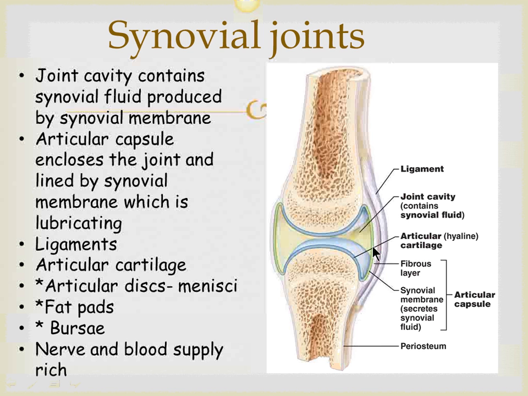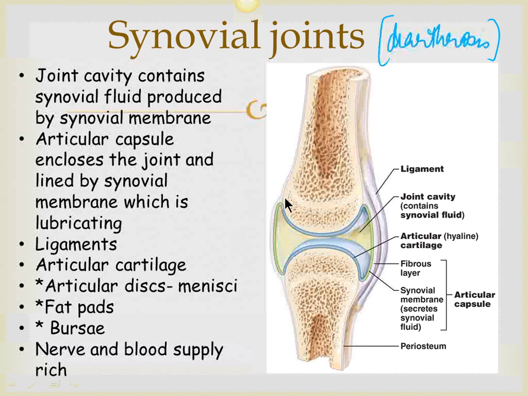This joint cavity is filled with synovial fluid because a lot of movement occurs. Remember, synovial joints were diarthrosis, freely movable. Because a lot of movement is occurring at this joint, you want lubrication there. You want them well oiled so that bone doesn't rub against bone. So you have articular cartilage plus another added thing, which is this synovial fluid.